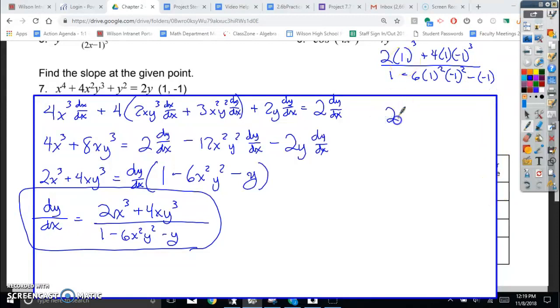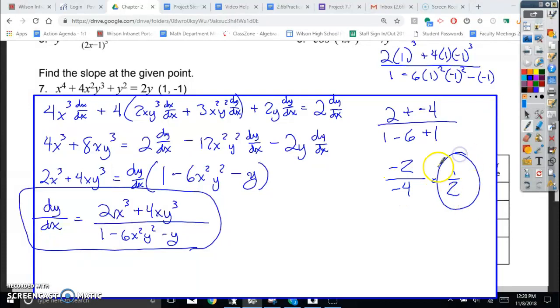So this will be 2, because 1 cubed is 1 times 2 is 2. Plus, this is negative 1 yet, so that'll be minus 4 over 1 minus, that'll be positive 1, 6. So that is 6, and this will be plus 1. So we're looking at negative 2 over negative 4. So our slope at that point is a half.